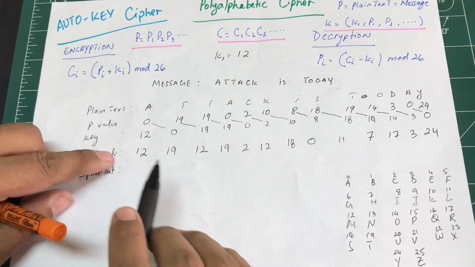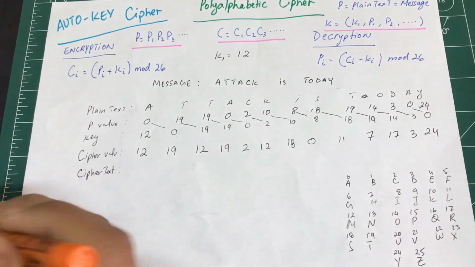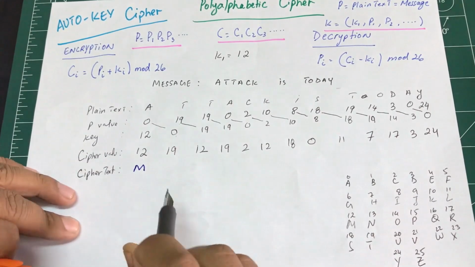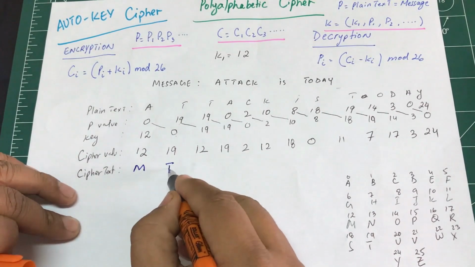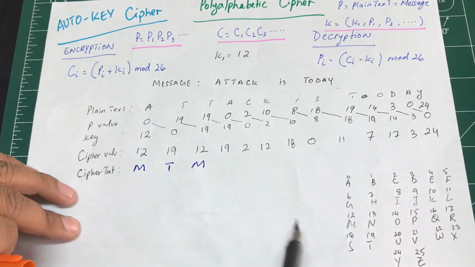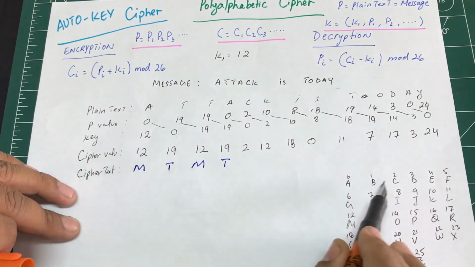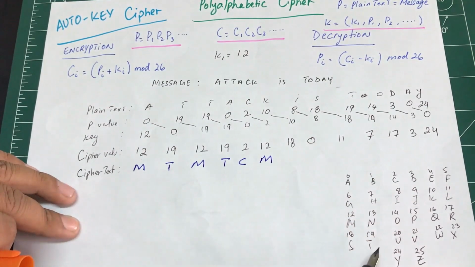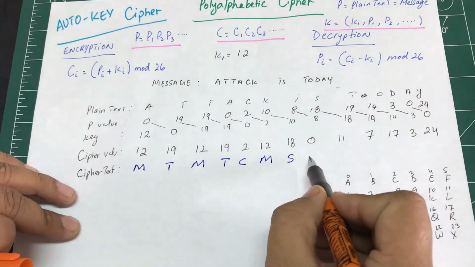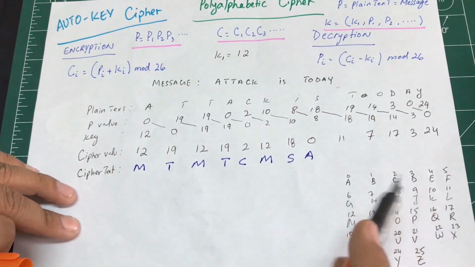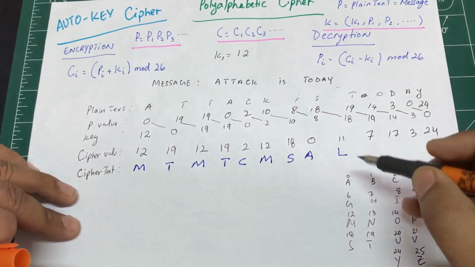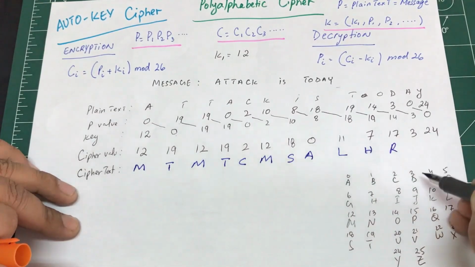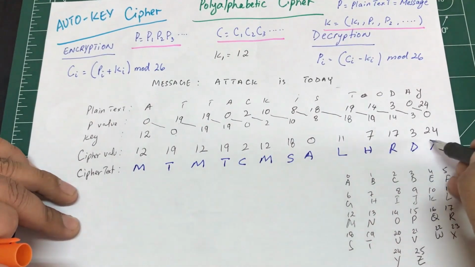This 12, according to our table, will map to M. Now this 19 is T, 12 is M, 19 is T, 2 is C, 12 is M, 18 is S, 0 is A, 11 is L, 7 is H, 17 is R, 3 is D, 24 is Y.